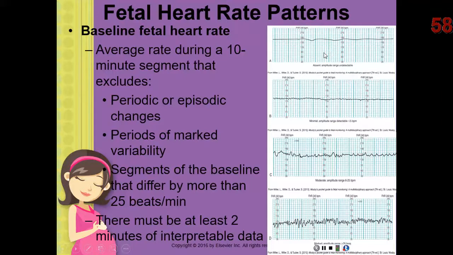Each square is 10 seconds. So we monitor for 10 minutes. That is considered like a cycle for the babies. So you only need 10 minutes, but you need at least 10 minutes.